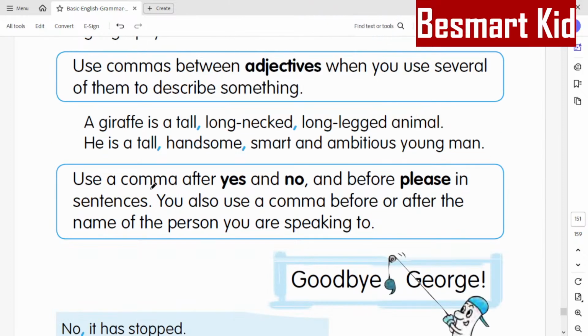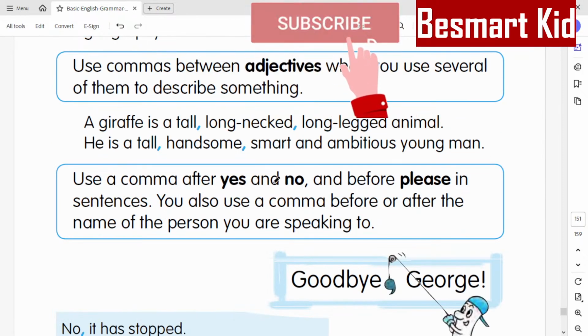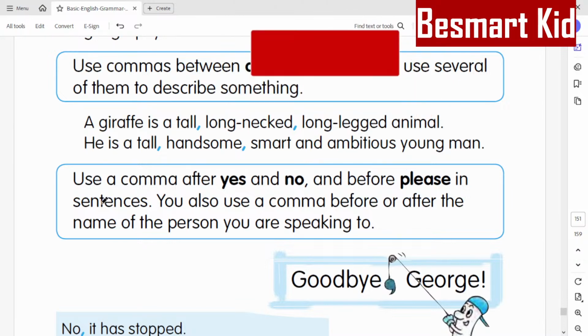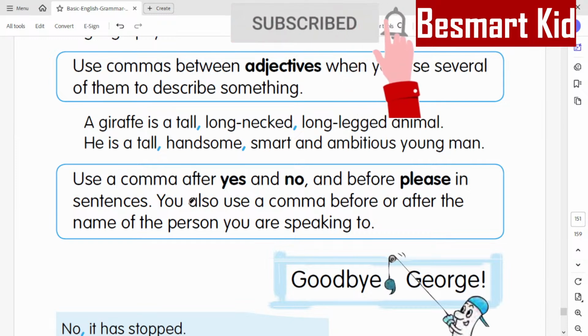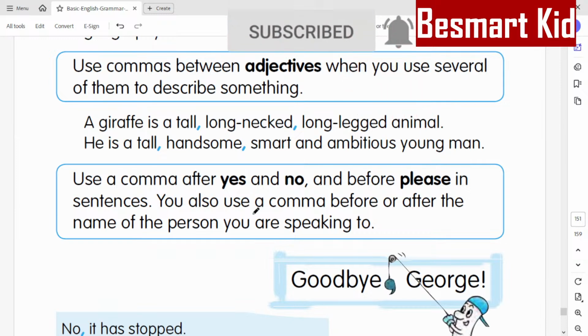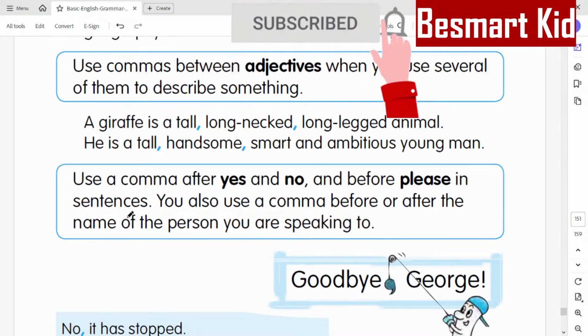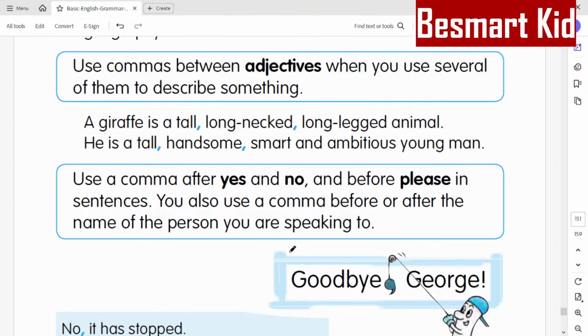Use a comma after yes and no, and before please in a sentence. You also use a comma before or after the name of the person you are speaking to.